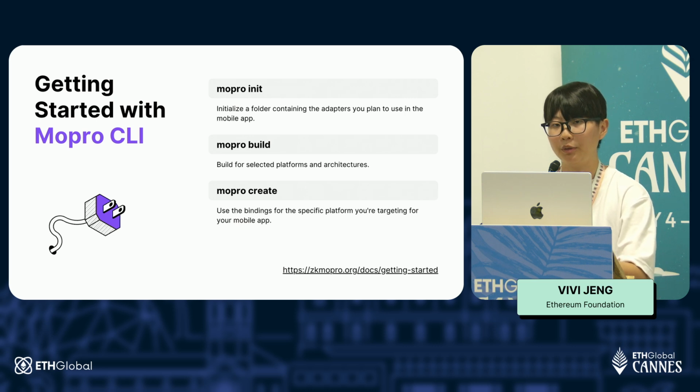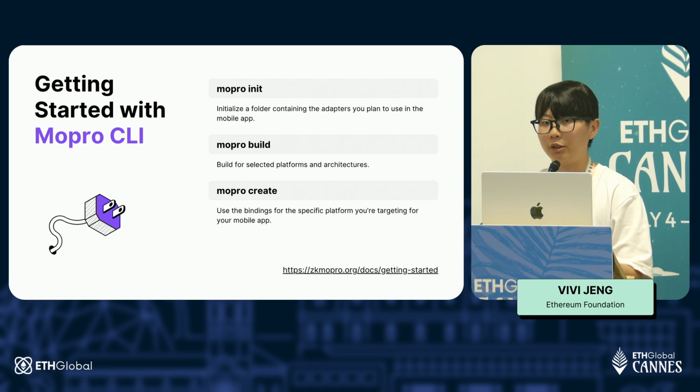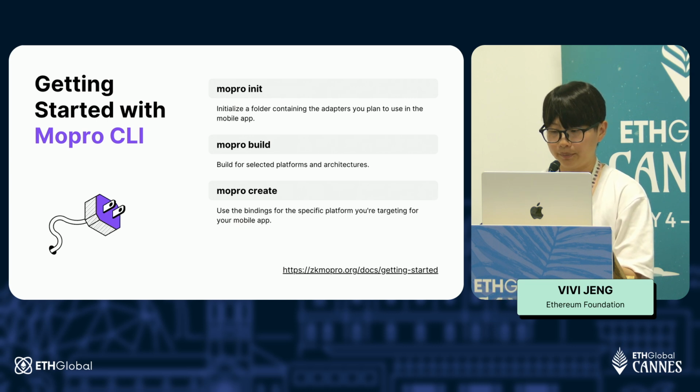Also mopro build: you can choose the platform you want to build for, for example iOS and Android, and whether you want to build for a simulator or device during this step. And there's mopro create. You can use this command to create a template, for example Xcode, Android Studio, React Native, or Flutter, for which you want to build your mobile app.